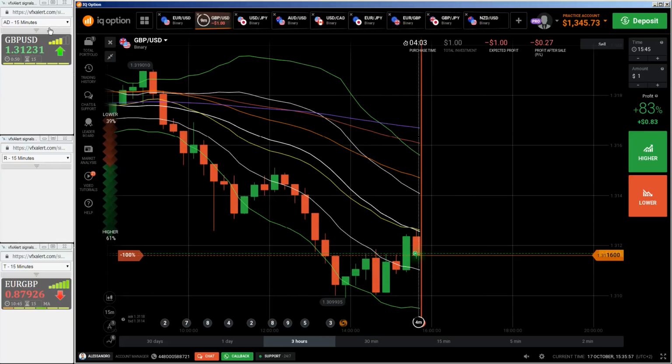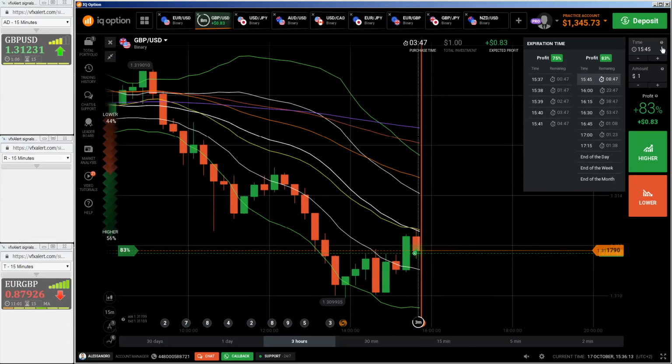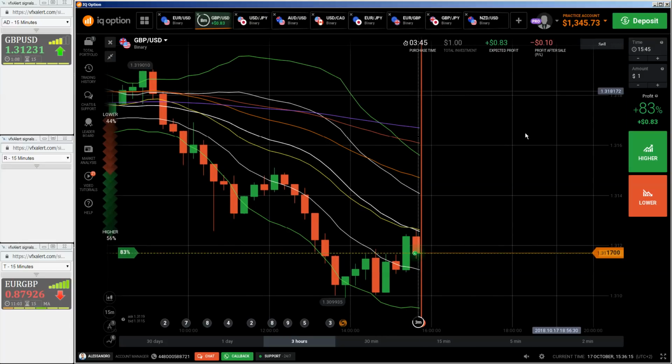You don't have to enter into a 15-minute trade from the appearance of this candle. You have to trade only the running candle. This running candle is already running a lot of minutes, I don't know how many, maybe 7 minutes. So then you enter for the last 8 minutes after the signal appears.